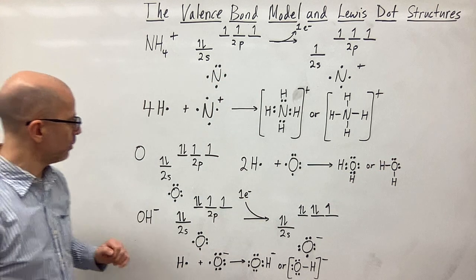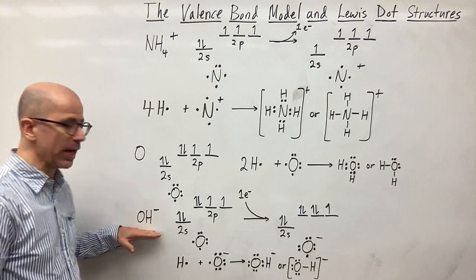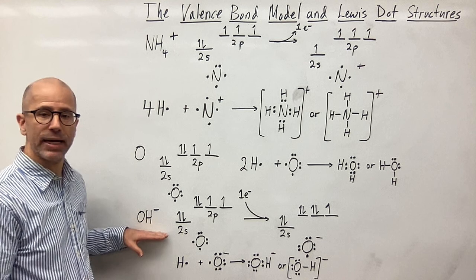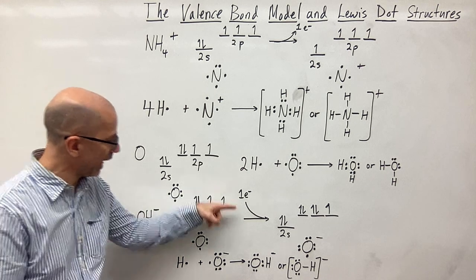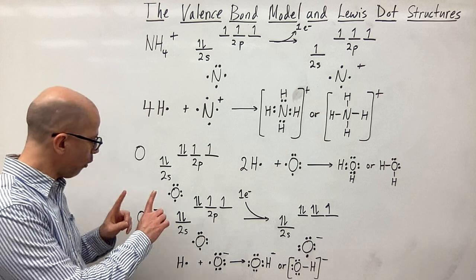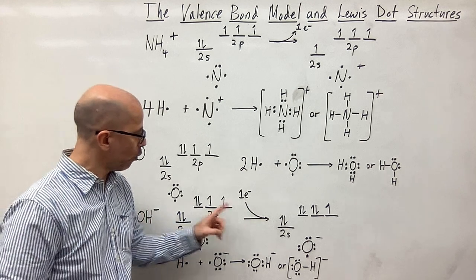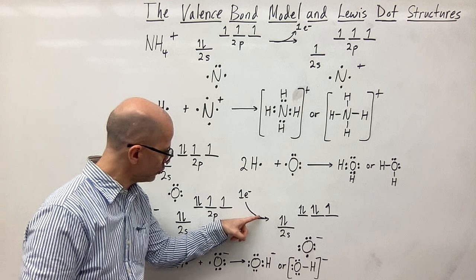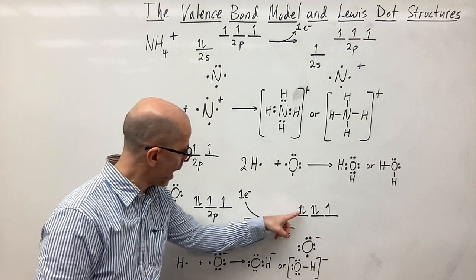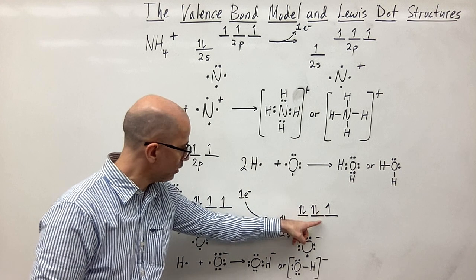Okay, now what about something like OH minus? So in OH minus, it looks as if oxygen gained an electron. So it forms 1 bond. To form that 1 bond, you would need 1 unpaired electron. So it gains an electron here, and then you add that to the orbital diagram.